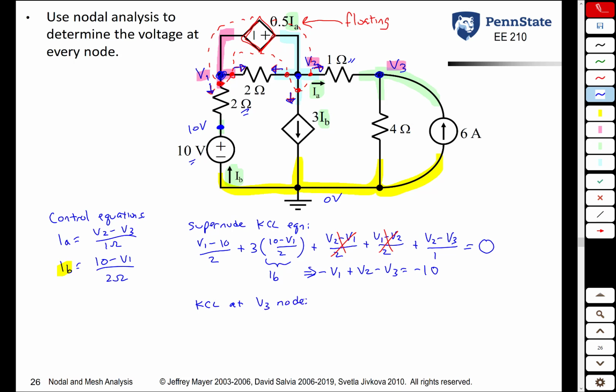And this is just a standard KCL equation. It's not a supernode, so it's that current plus that current plus that current is equal to 0. Current to the left is what? V3 minus V2 over 1. Current going down is V3 minus 0 over 4.